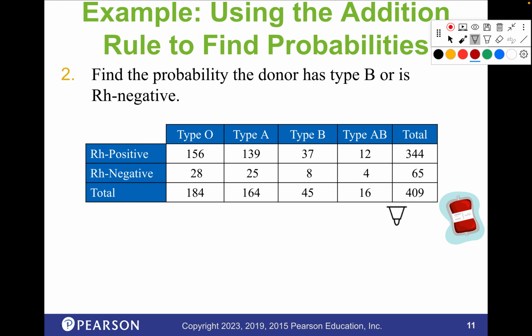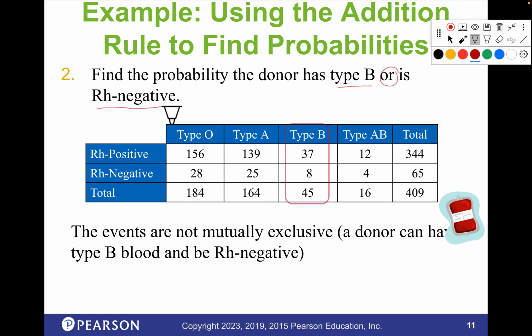What about this one, though? This one, we want the probability that they have type B or, and that's an or probability, or they're Rh negative. Now watch on the table itself, you can kind of see whether they're, what do you think? Are they mutually exclusive or not mutually exclusive? Not, because there's a place where we get overlap.